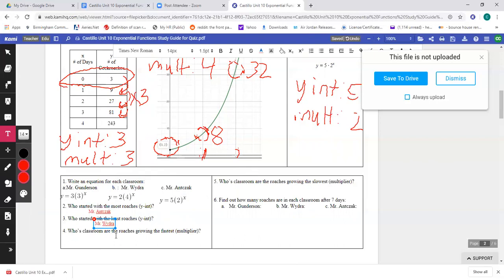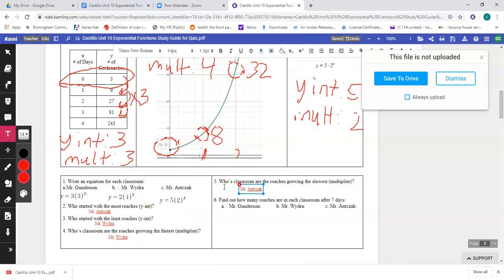Whose classroom are the roaches growing the fastest? Well, we look at the multiplier, and the one with the greatest multiplier is Mr. Wydra. He has a multiplier of 4. And whose classroom are the roaches growing the slowest? We look at the lowest multiplier, and that would be Mr. Anzac.